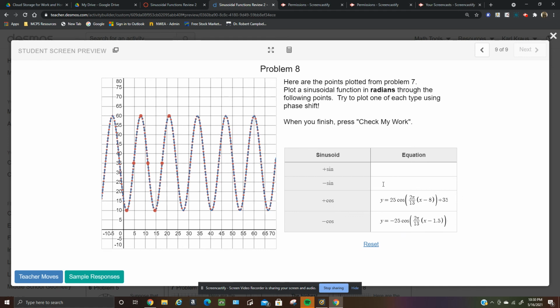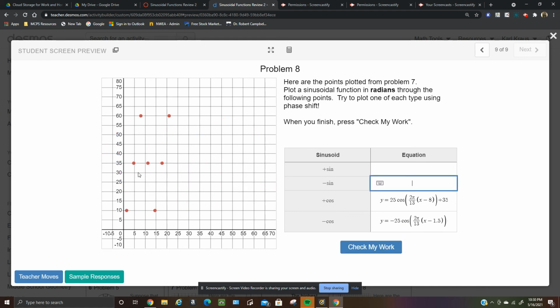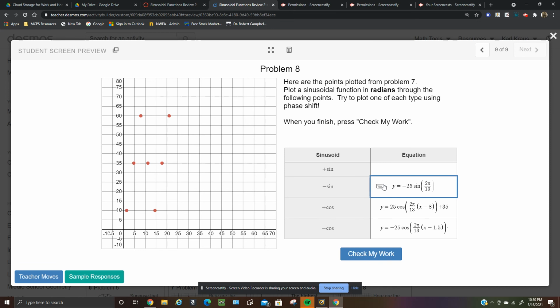So that also works. Negative sine would start right here, 11.25.